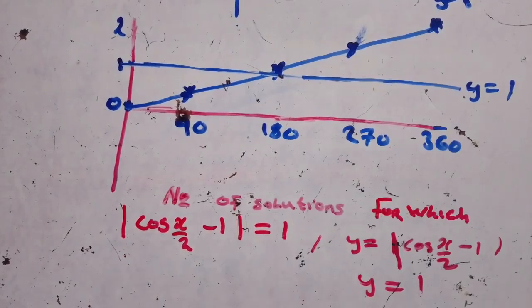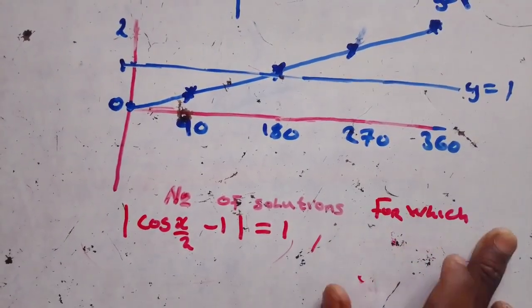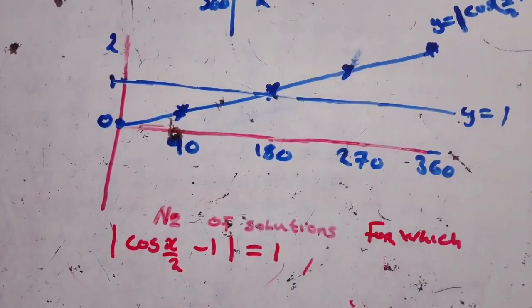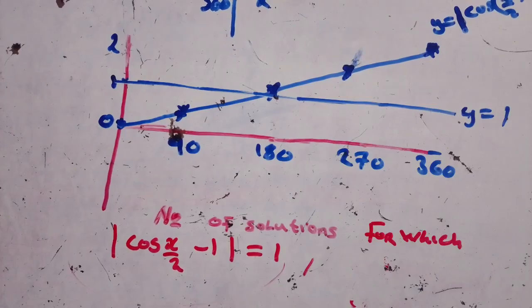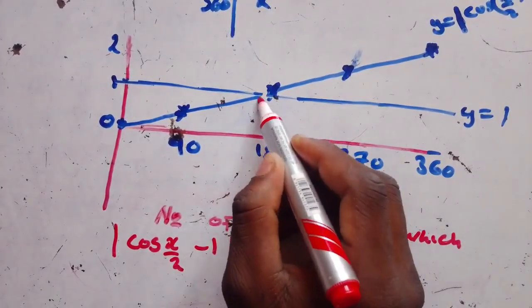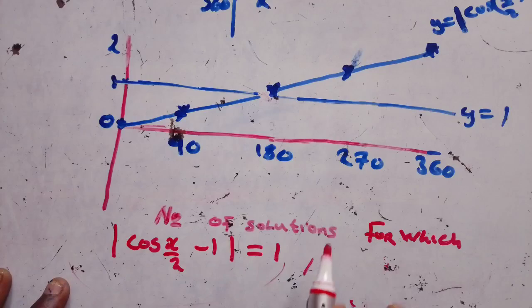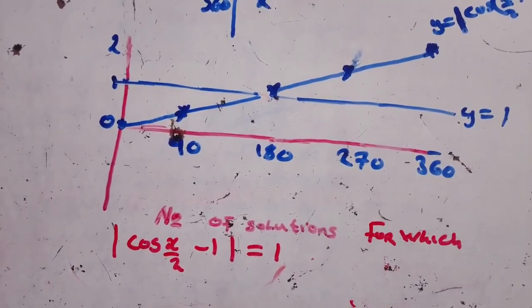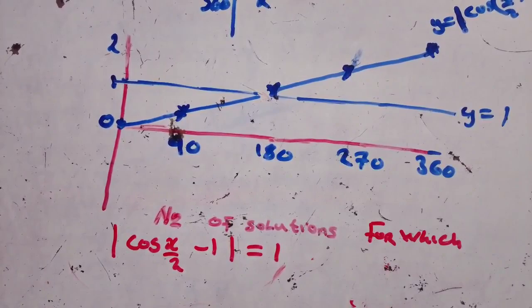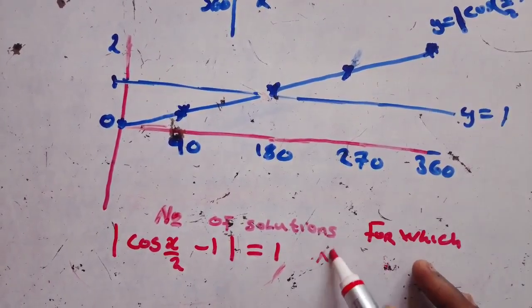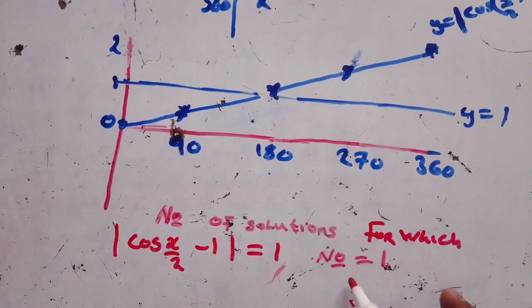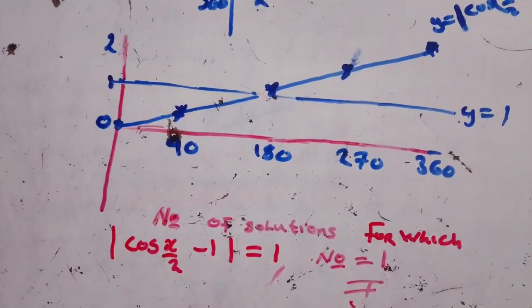So they are telling us to find the number of solutions for the combination of these two. For you to find the number of solutions, go on your graph and see where these two are meeting. They are meeting just once, here. So the number of solutions is equal to 1. This is how you can do this kind of question.